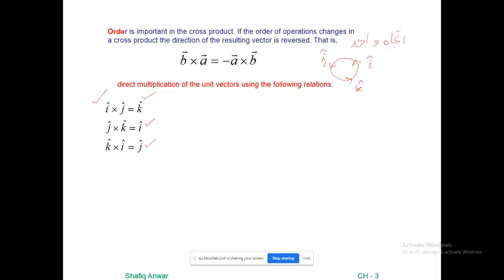You see, again i cross j is equal to k, but if you have j cross i, i is reverse, so you have to go in the opposite direction, so minus.